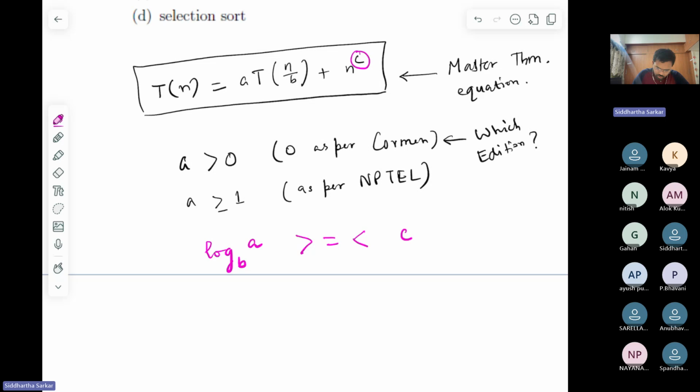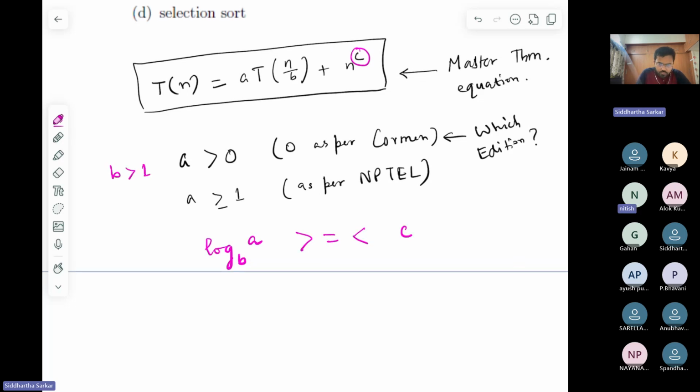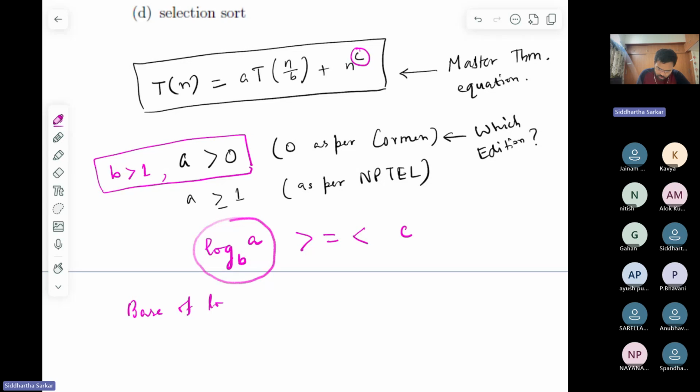So c is this exponent, right? This is what we check. Now Cormen is saying that a is greater than 0 and b is greater than 1. So for this quantity to be valid, the base of the log, which is b, should definitely be greater than 1.